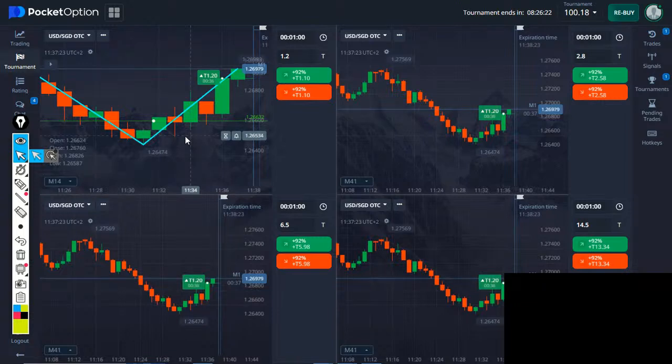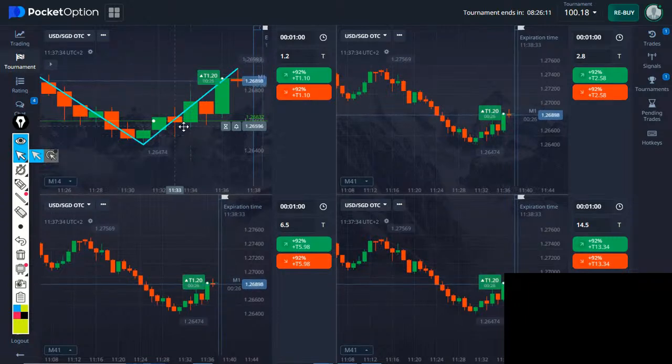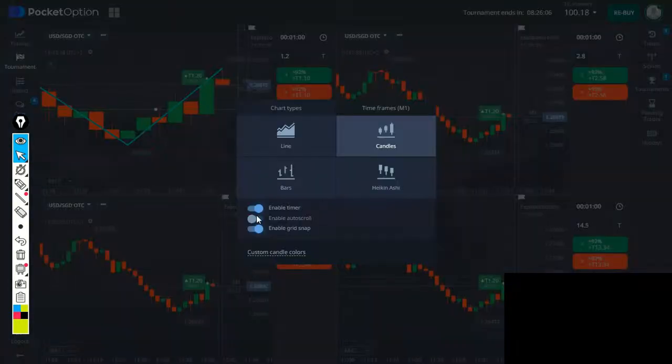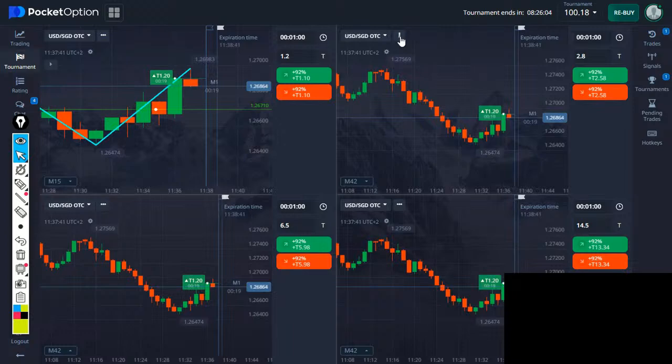This one is looking good. Let's see. May enable auto scroll for this one and for this one as well.